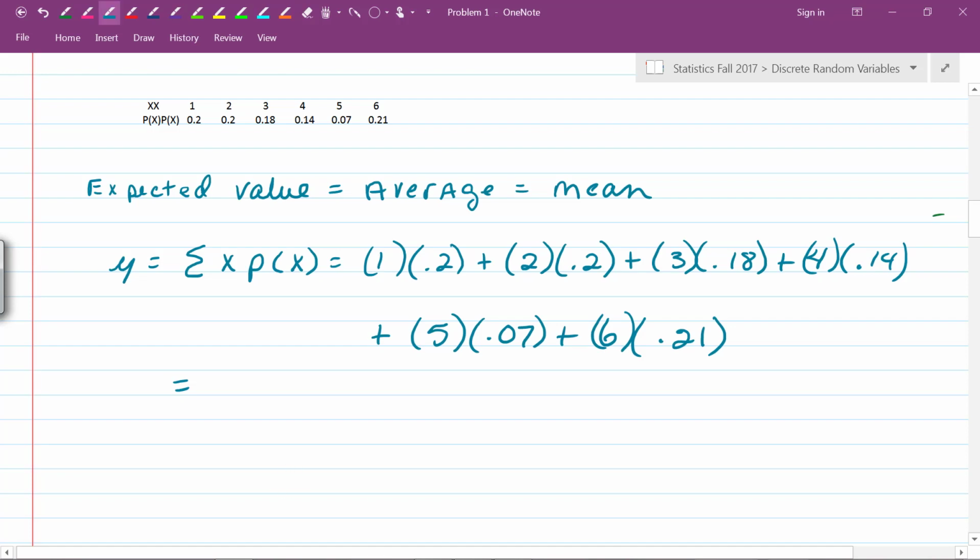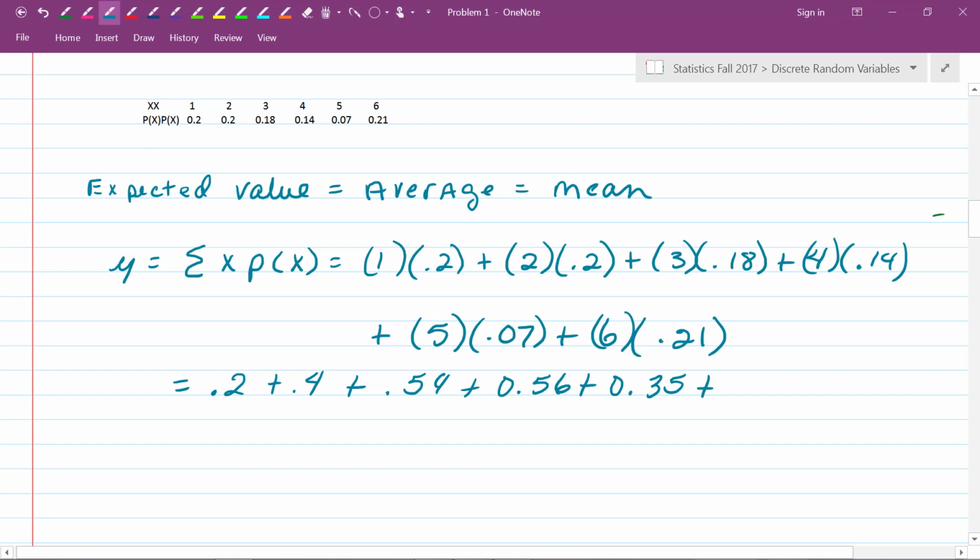So 1 times 0.2 is just going to be 0.2. And then 2 times 0.2 is 0.4. We're going to add to that 3 times 0.18, and that is 0.54, plus 4 times 0.14, which is 0.56. We're going to add to that 5 times 0.07, and that is 0.35. And the last one is going to be 6 times 0.21.